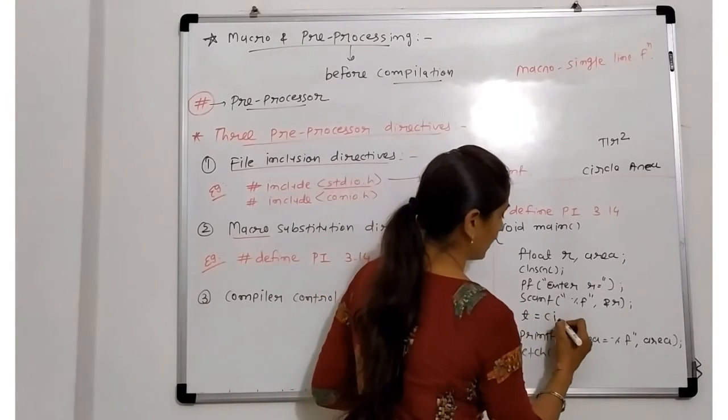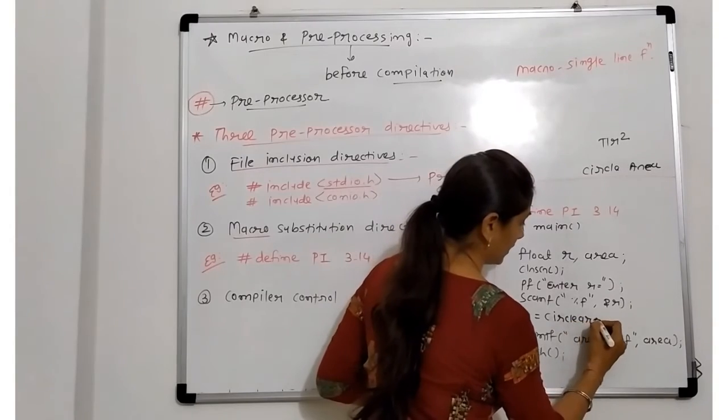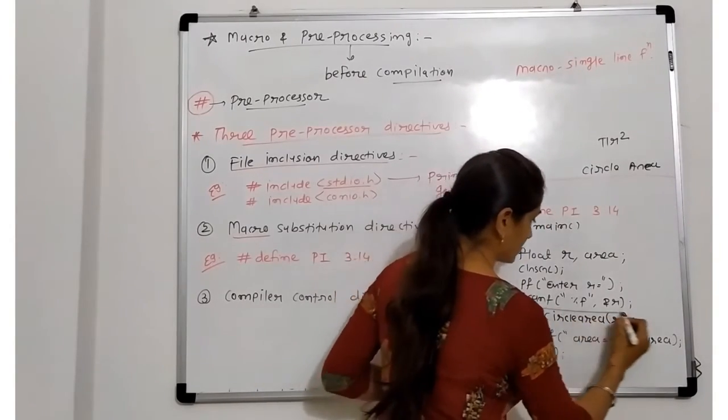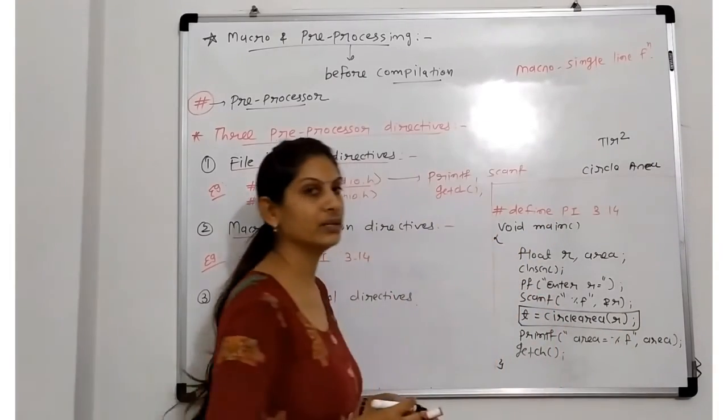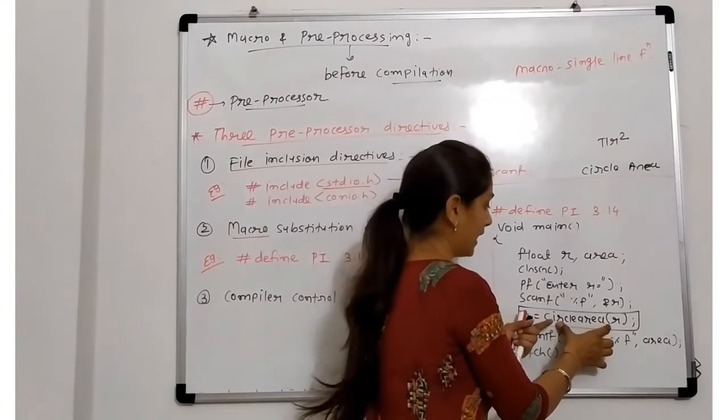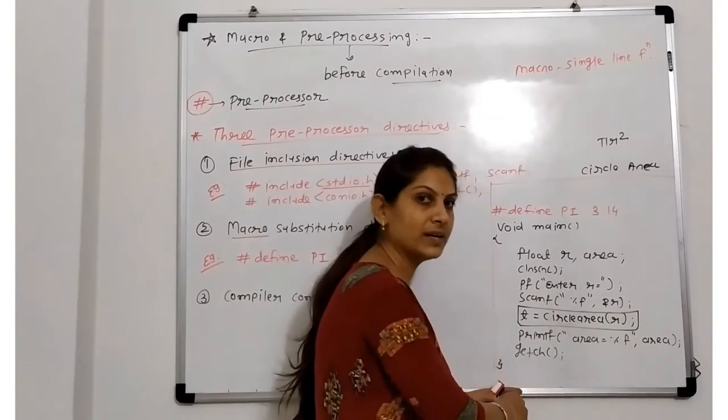Suppose the function name is circle area, and inside circle area we pass r. This is what a function call is. So this function is called and it goes to the function definition.